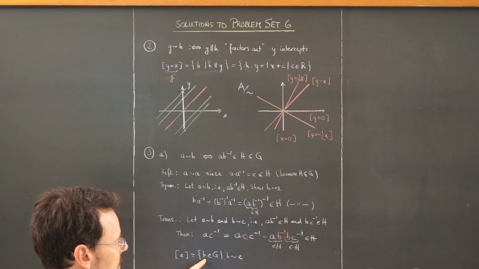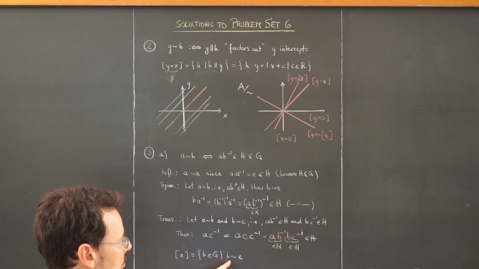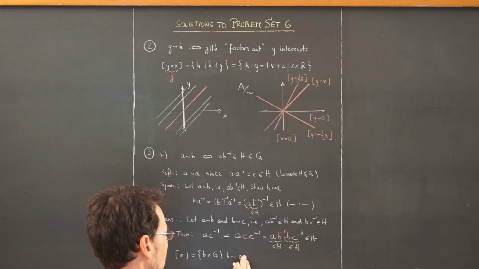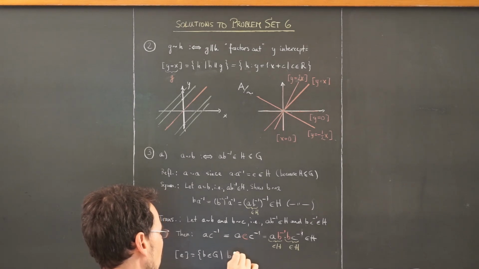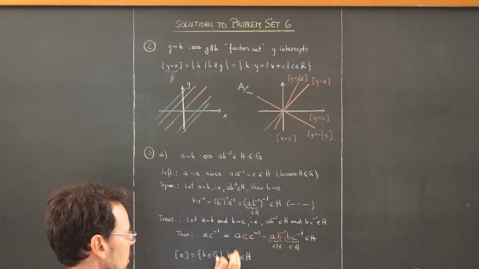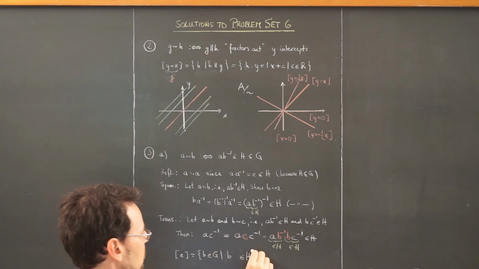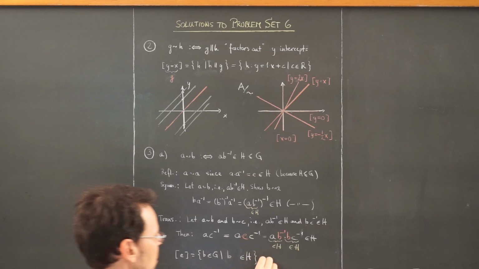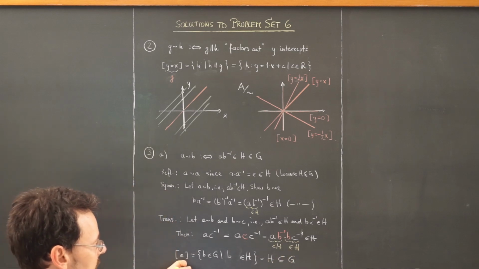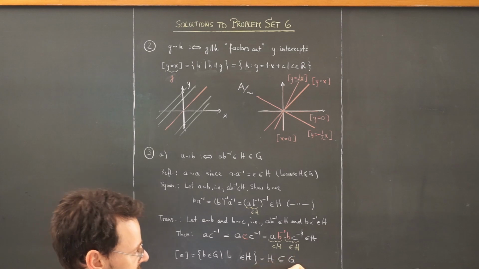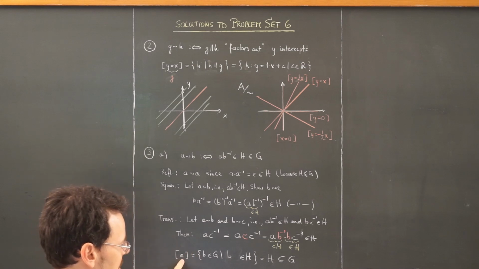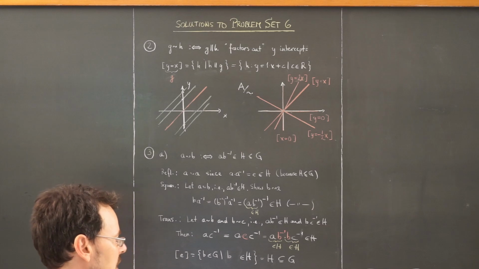By definition, it contains all the elements of G that are equivalent to E. So this would mean that B E inverse lies in H, but of course E inverse is E, and E doesn't change anything, so this is simply the condition to be in H. So the equivalence class of the identity is simply the subgroup H, which is a subset of G. Of course, it's also a subgroup, but here I want to stress the fact that the equivalence class is a subset of the whole set.